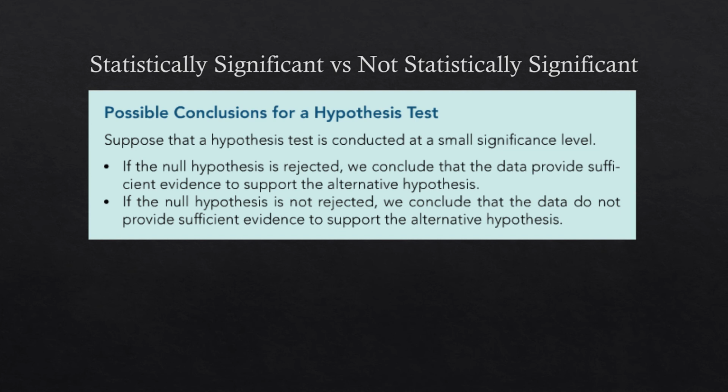If you do not reject the null and the data does not provide significant evidence, then we say it's not statistically significant. Keep that in mind, as this is more of a terminology lesson, as you hear me say things like statistically significant, not statistically significant, and so on.